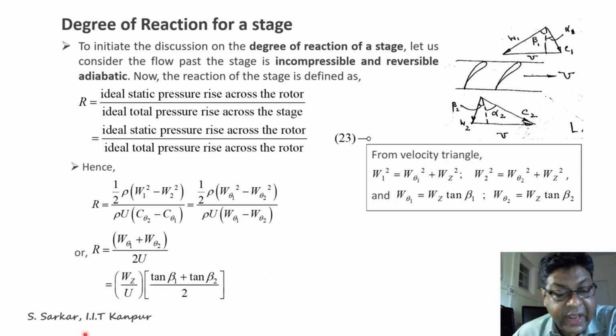Therefore, the degree of reaction R can be stated, for incompressible and isentropic flow, as R equal to phi into tan beta m.